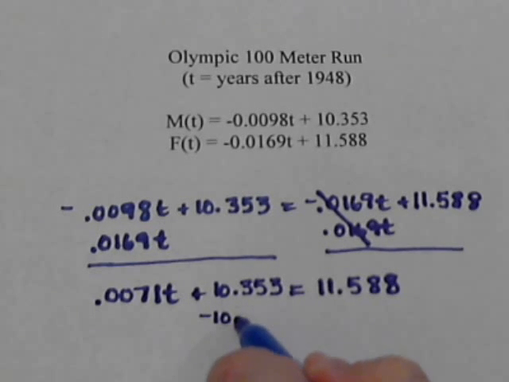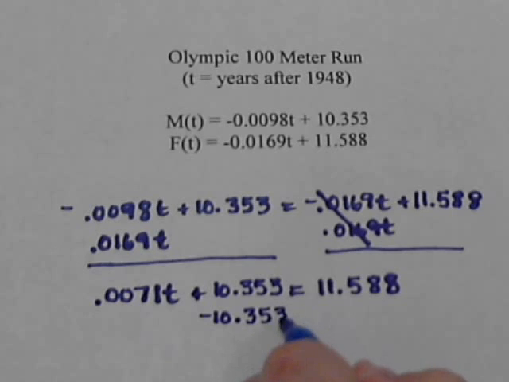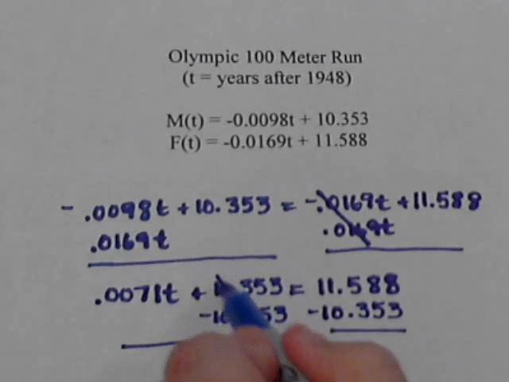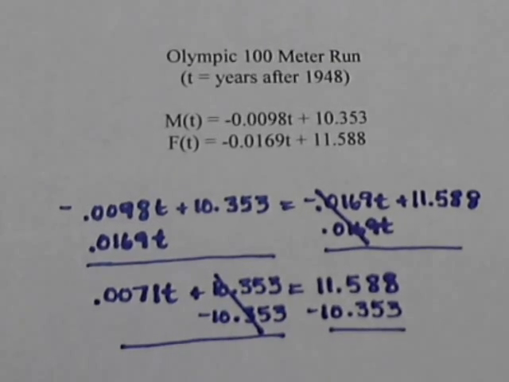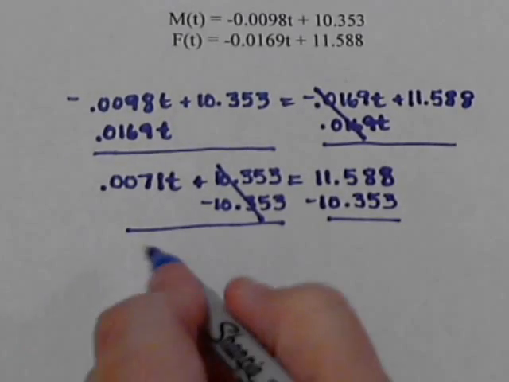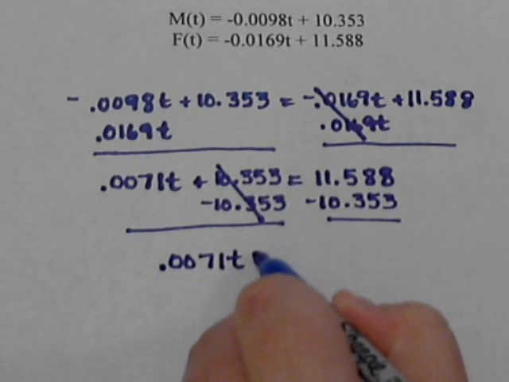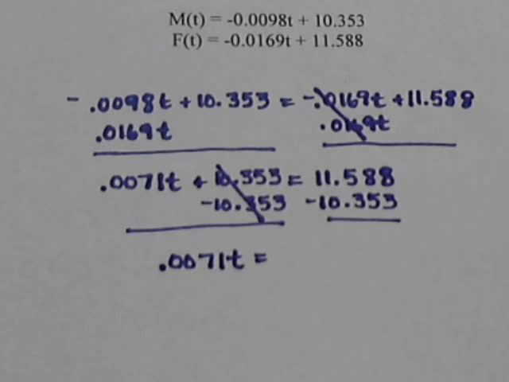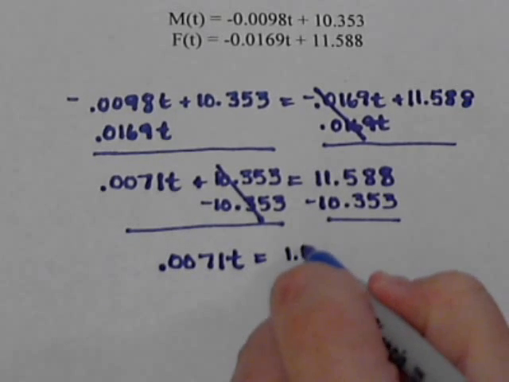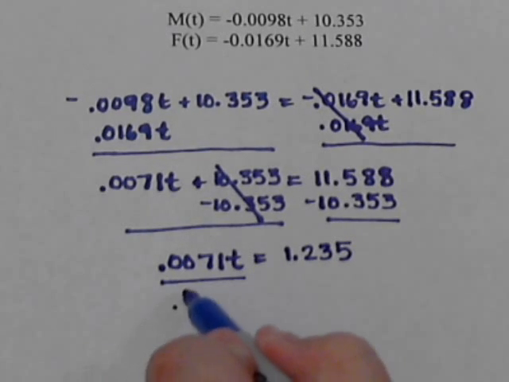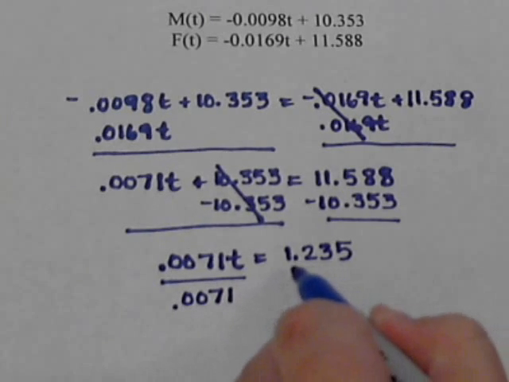Then we're going to subtract the 10.353 from both sides. Okay, those cancel. It just leaves 0.0071 t equals, we subtract these two, 1.235, and then we're going to divide both sides by 0.0071.